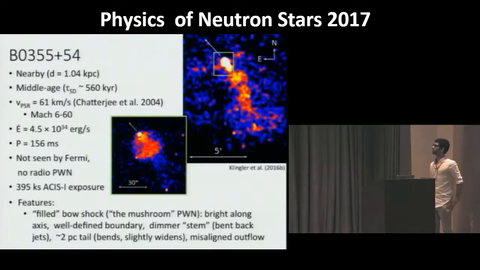But this deep exposure reveals this very well-defined bullet-shaped or mushroom-shaped compact nebula, which is bright along its central axis. It has this drop in brightness there, and it has about a 2 parsec long tail. It bends slightly here, and then there are hints of a misaligned outflow, which I'll talk about later.